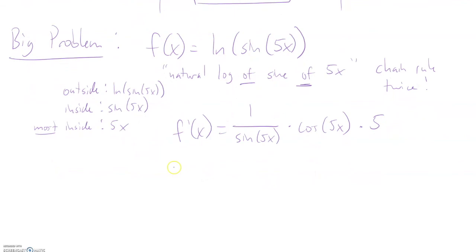We can combine the cosine of 5x and sine of 5x into the same fraction. So we get 5 times cosine 5x over sine of 5x. And that is a known trig identity. Cosine over sine of the same input can become cotangent. So our final result, f prime of x, equals 5 times cotangent of 5x.